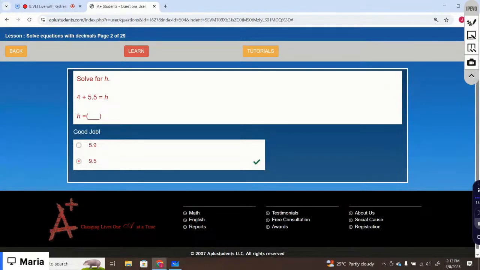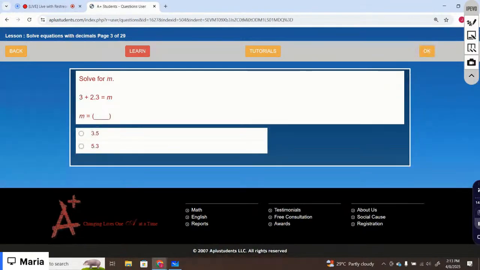Option number 2 is the correct option. Solve for m. m equals 3 plus 2.3, very good.